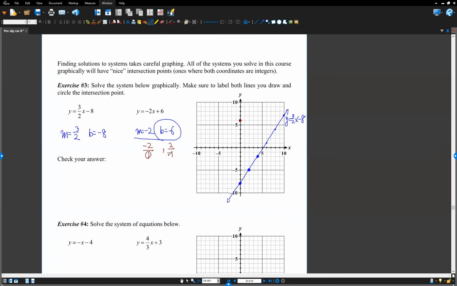We just follow the pattern. 1 right, 2 down. That's what it means. 1 right, 2 down. 1 right, 2 down. Oh, this is the solution, right? That's enough. We already got the right intersection.